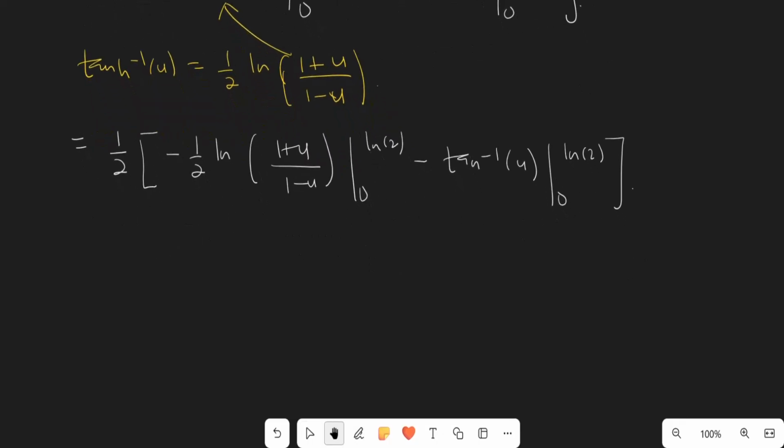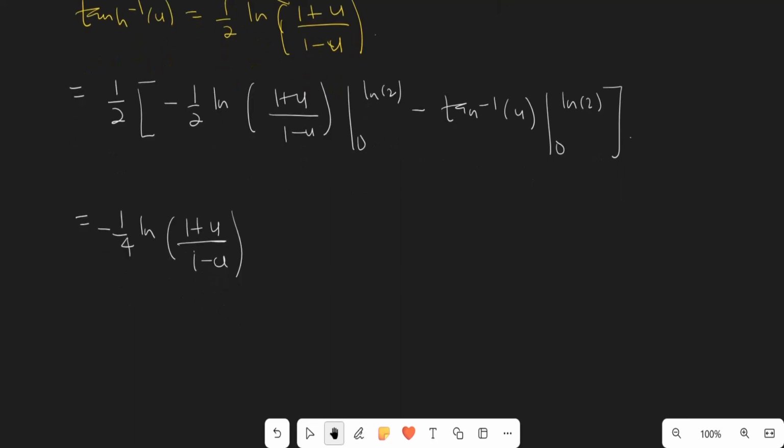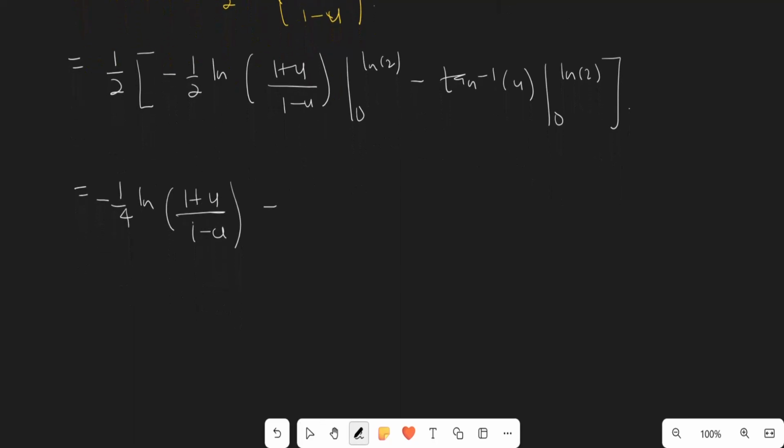We can now distribute our half in, and that is going to be 1/4 negative ln of 1 plus u over 1 minus u, minus 1/2 tan inverse of u from 0 to ln of 2.